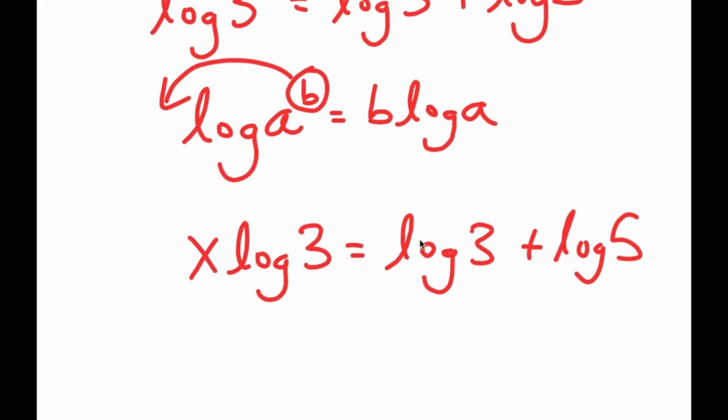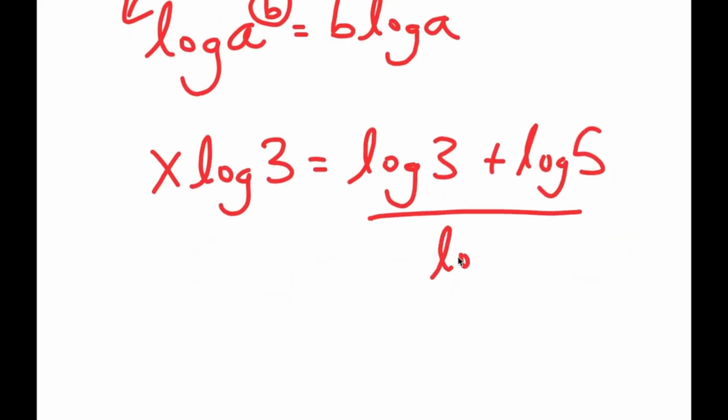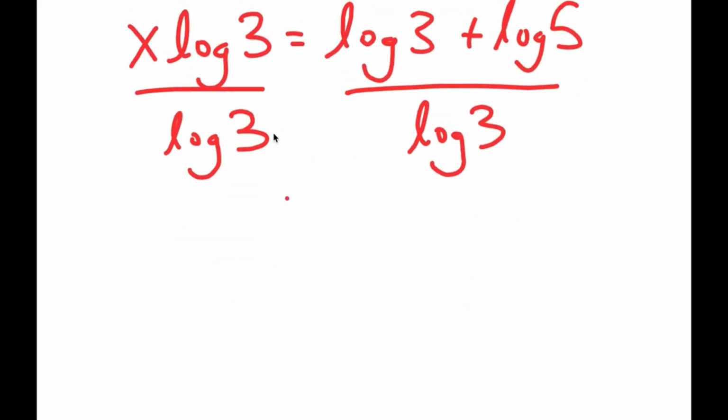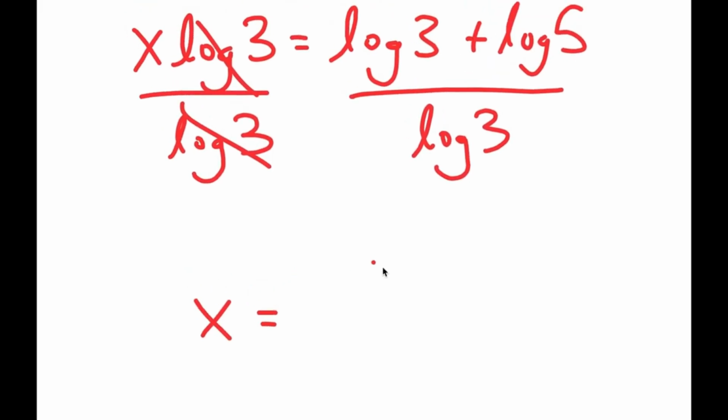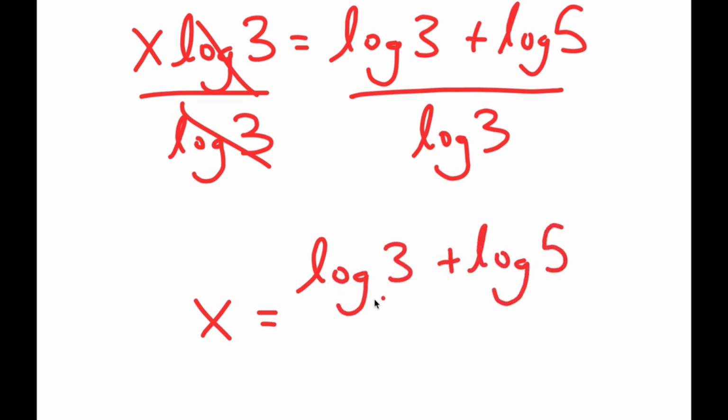So now from here, I'm going to divide both sides by log 3. So for my left-hand side, these two cancel out, and for my right-hand side, I get x is equal to (log 3 plus log 5) over log 3.